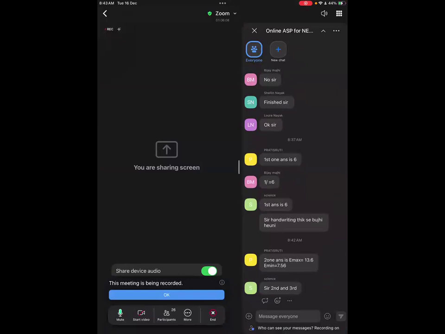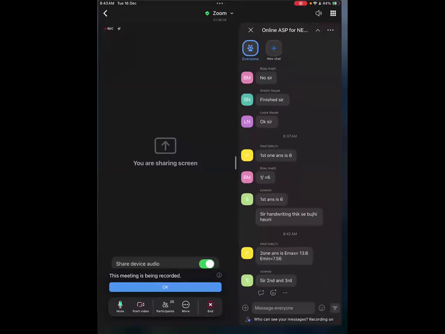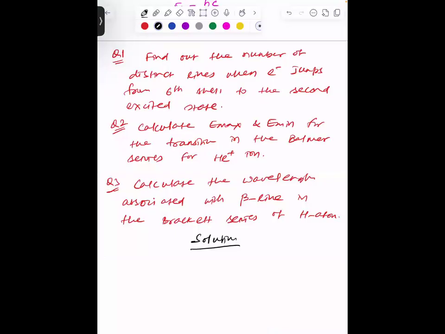Okay, second and third question. Second question is calculate E max, means the maximum energy and minimum energy for the transition in the Balmer series for He plus ion. Third question, calculate the wavelength associated with beta line in the Brackett series of hydrogen atom.